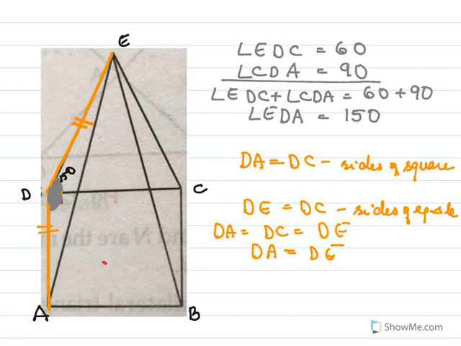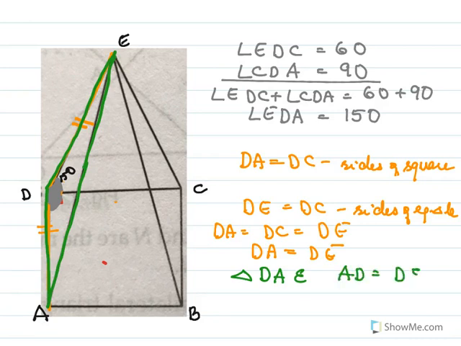Now look up in the triangle ADE. Look at this triangle. It is an isosceles triangle. Triangle DAE. In triangle DAE, AD equal to DE we have proved. So the base angles will be equal. So this angle here and this angle will be equal.